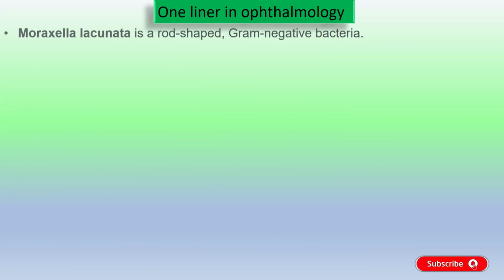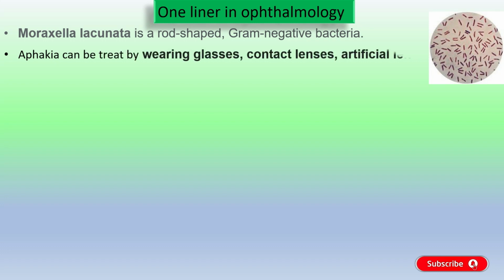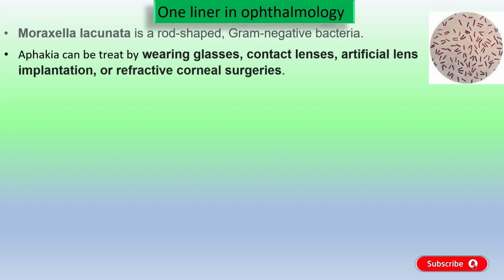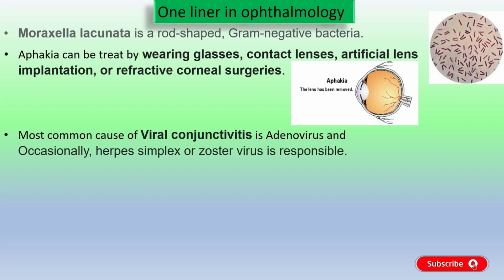Aphakia can be treated by wearing glasses, contact lenses, artificial lens implantation, or refractive corneal surgeries. Most common cause of viral conjunctivitis is adenovirus, and occasionally herpes simplex or zoster virus is responsible.